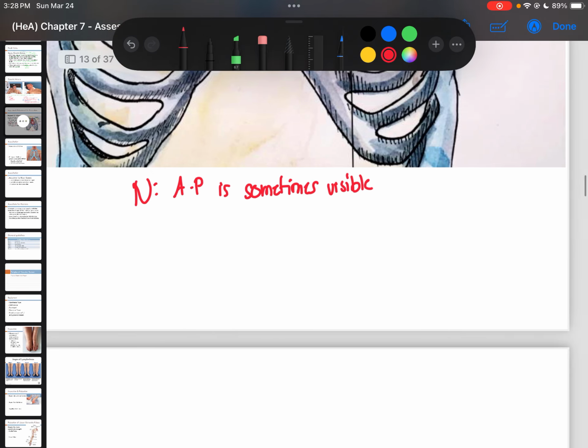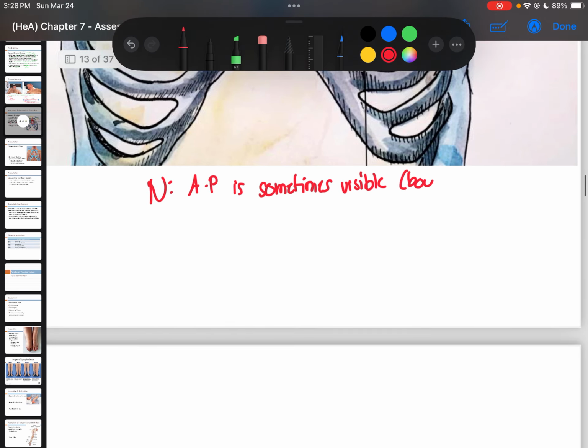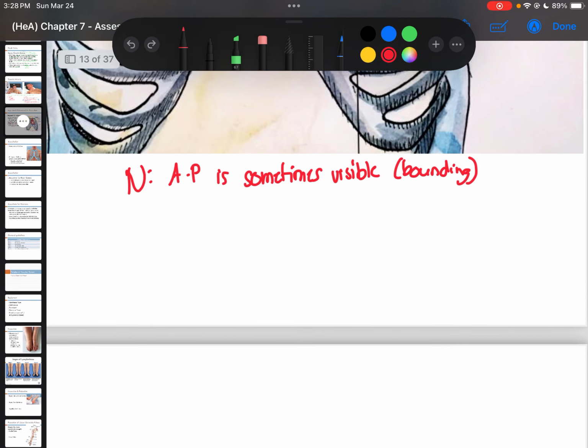Okay? When we say visible, class, bounding, what we mean by that is sometimes your skin will seem to beat, but the skin will actually protrude a little bit. The skin will pulse, but that is very, very uncommon, but it is still normal.